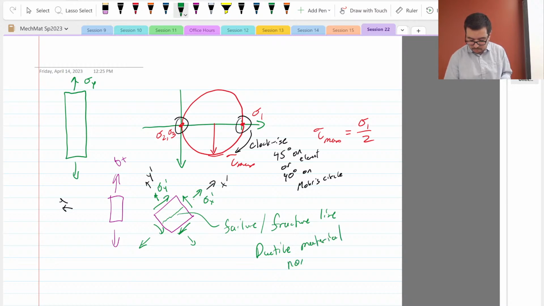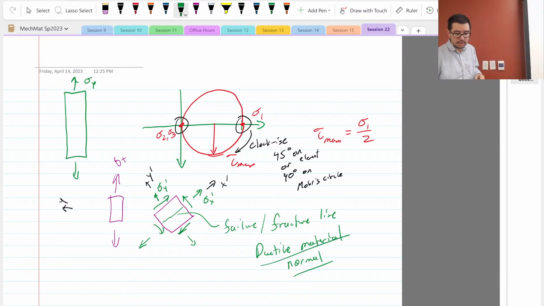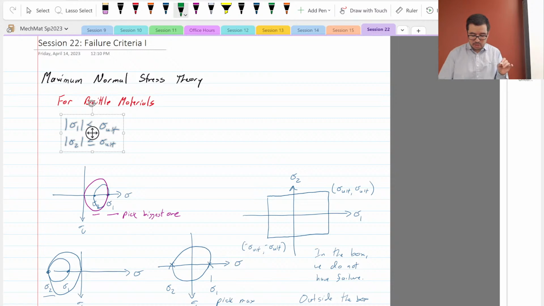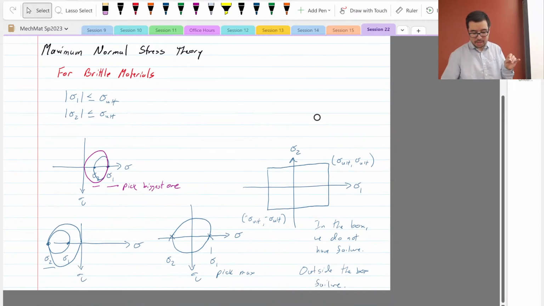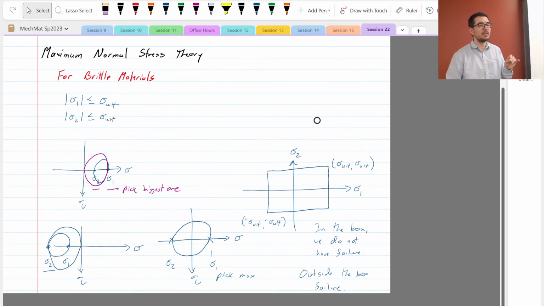It's normal. I'm sorry, guys. Okay. What are you holding in your hand? Are you holding a ductile material in your hand? No. Okay. So we're using the maximum normal stress theory.